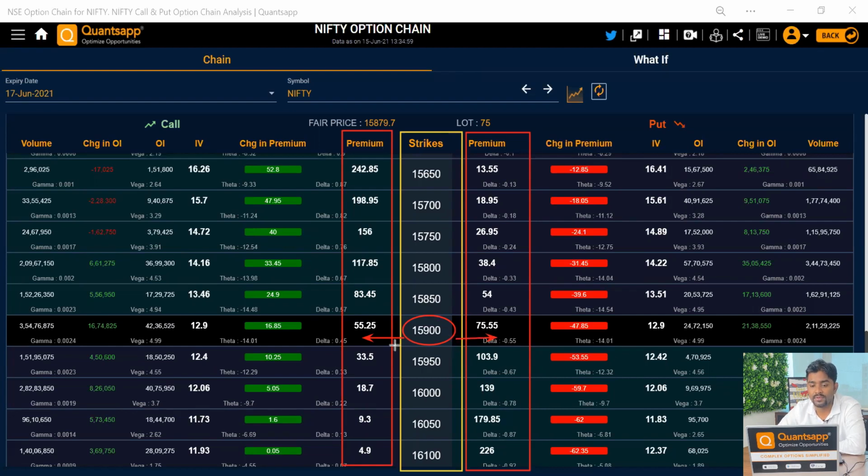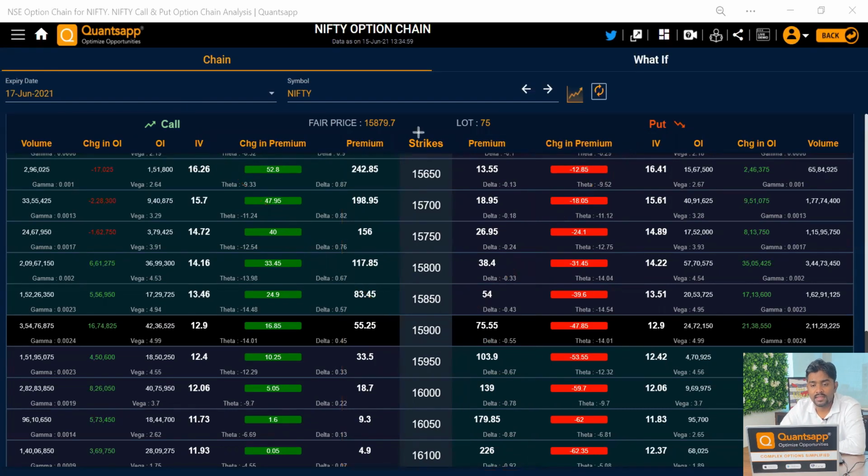That is the current price of this particular strike on the call and put side. So this 75.55 is the rate of the 15,900 put option and this 55.25 is the rate of the 15,900 call option. That's a simple thing. So we understand the strike price and the premium.